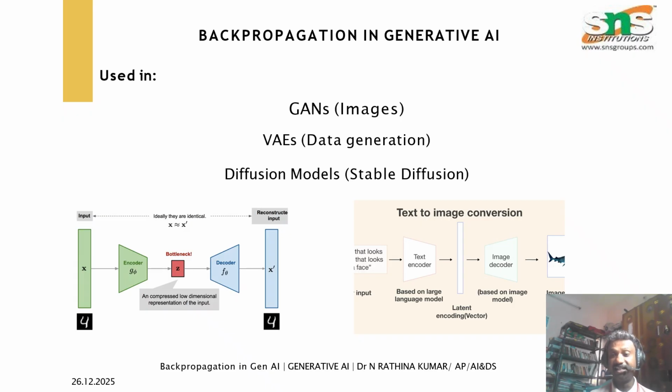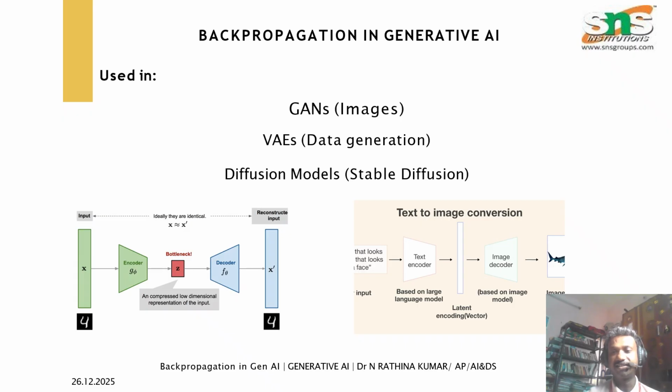It enables deep learning, which means it makes training deep, complex neural networks feasible and efficient. That is important. Second, it is a foundation for supervised learning. It is essential for tasks like image recognition, natural language processing, and time series prediction.